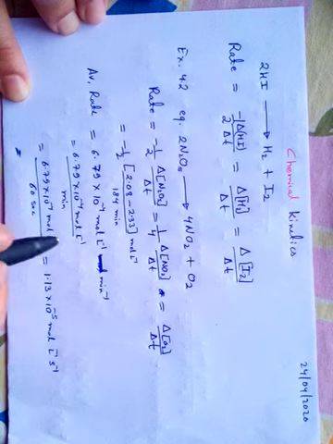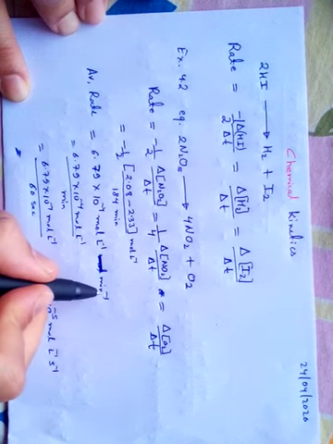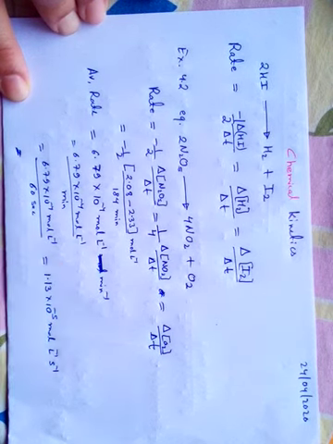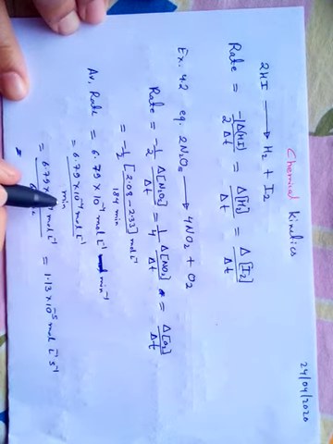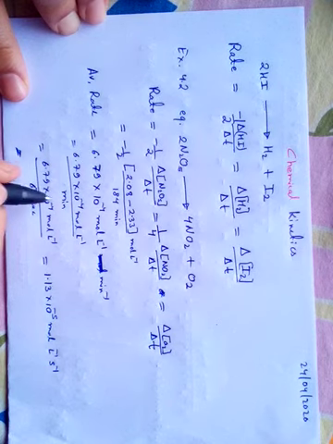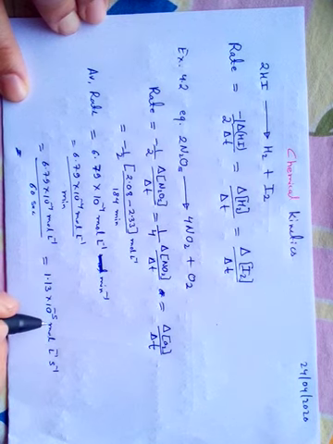Now we have to convert this per minute into different terms. So same equation, per minute means divided by minute. 1 minute means 60 seconds, so you just convert it into 60. Then after solving it, you will get 1.13 into 10 to the power minus 5 mole per liter per second.